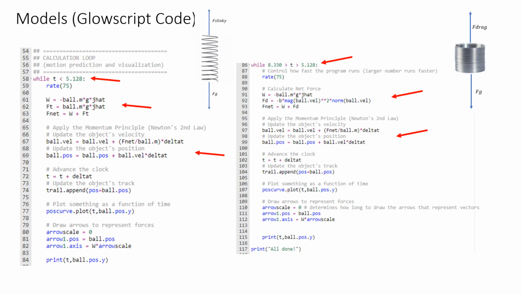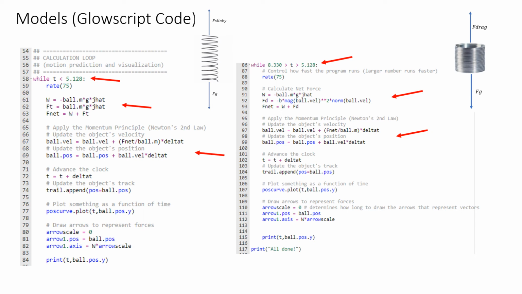For the second part of our code, which is our calculation loop, where we insert our forces and momentum principle, as well as the time intervals, we had to split our code into two different intervals, phase 1 and phase 2. On the left, phase 1 is where the slinky is stretched, and our two forces are the tension force and the force of gravity.